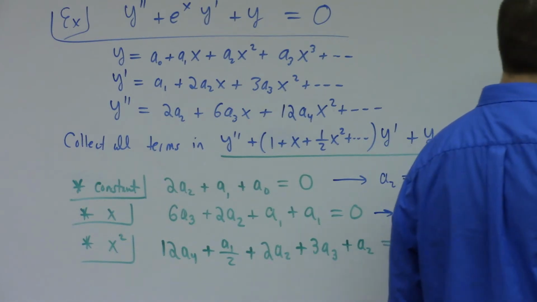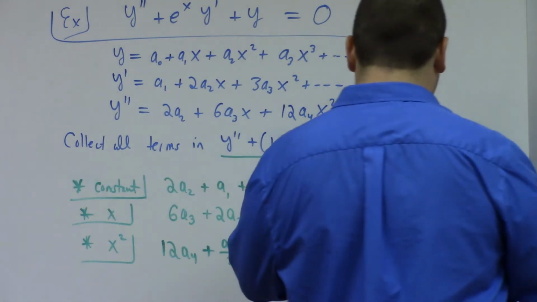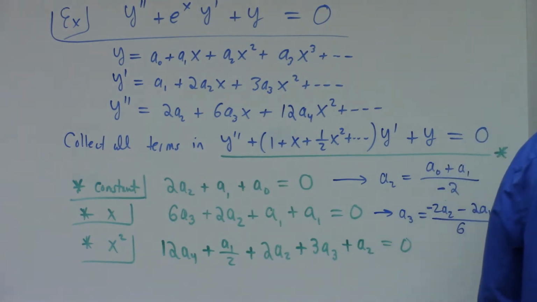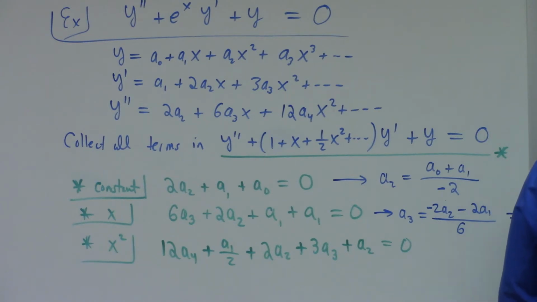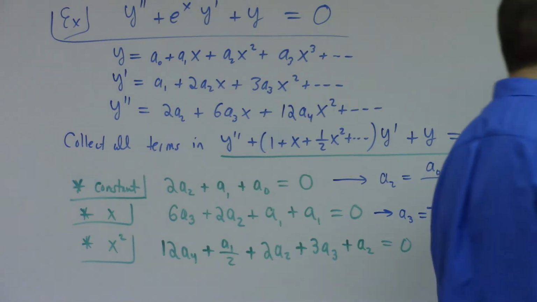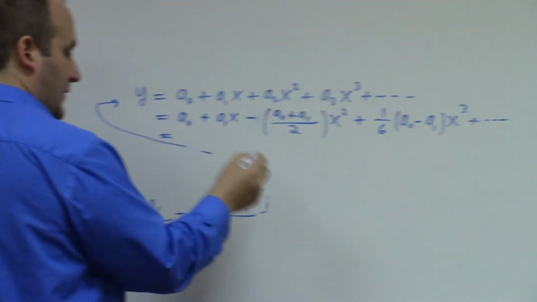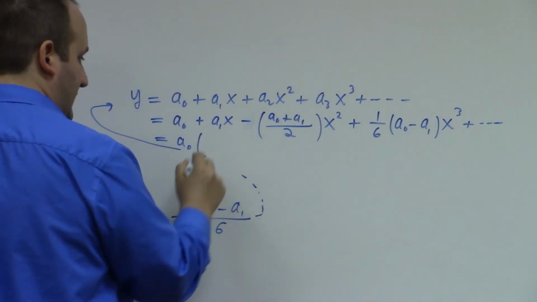Don't do anything with those. a2 was minus a naught plus a1 over 2 times x squared, right? And then a3 was 1/6 of a naught minus a1 times x cubed, right? And so you see then the solution we get here is we have a naught times some stuff, right?